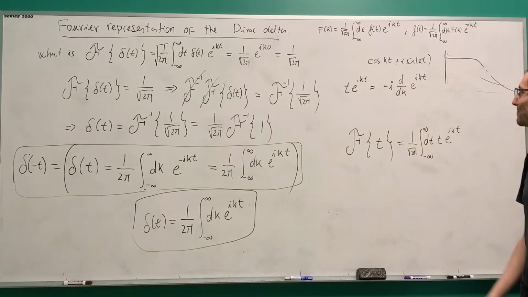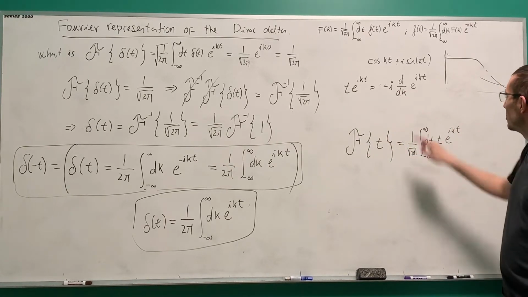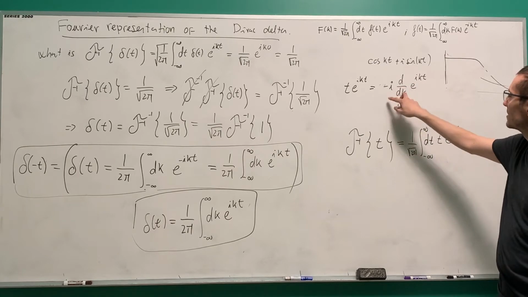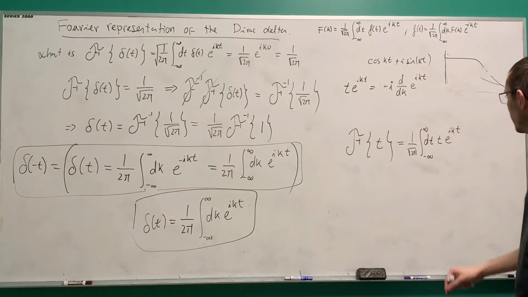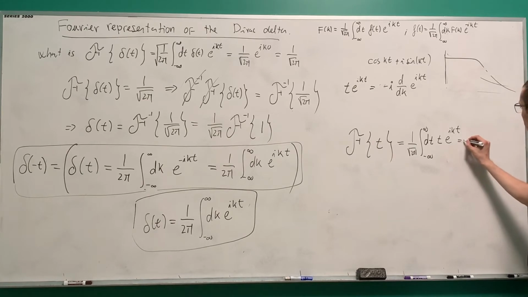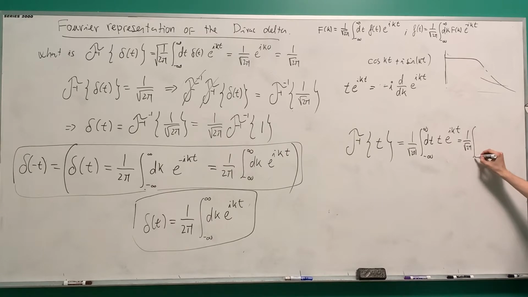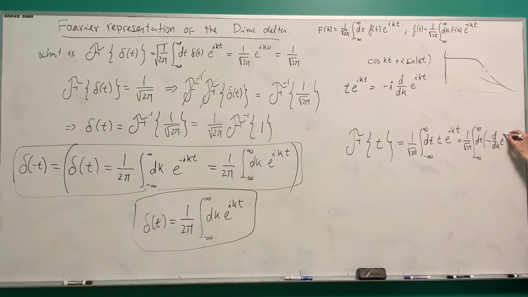Just check it. The derivative with respect to k brings down it, I times I is minus 1, minus is plus. So it's t e to the I kt. Wonderful, so I can substitute it here. This is 1 over root 2 pi, the integral from minus infinity to infinity dt of minus I d/dk of e to the I kt.